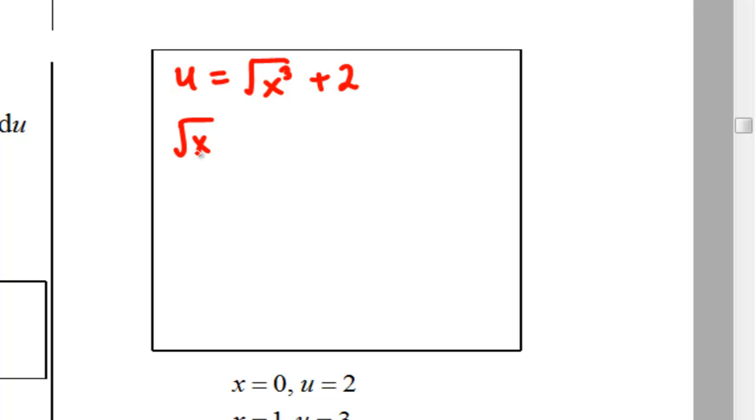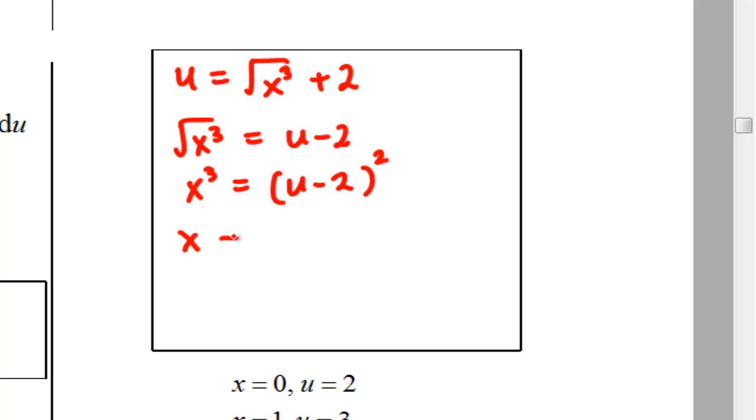So what we have now is root of x cubed equivalent to u minus 2, and x cubed equivalent to u minus 2 squared, and x will give us u minus 2 to the power of 2/3.